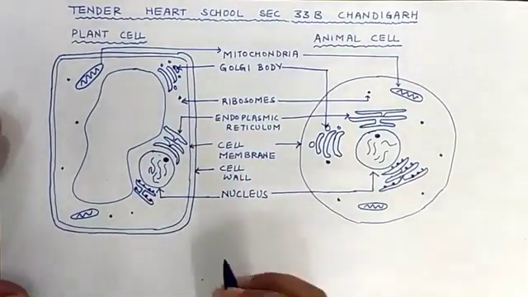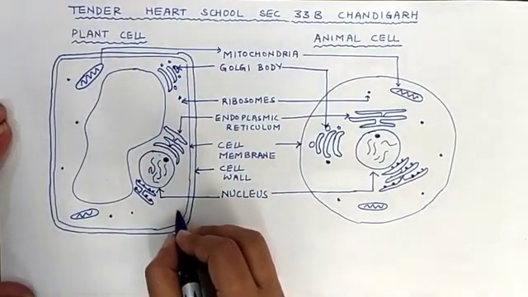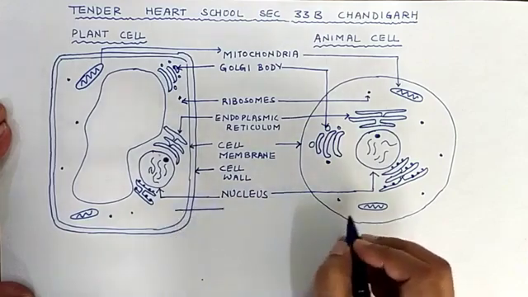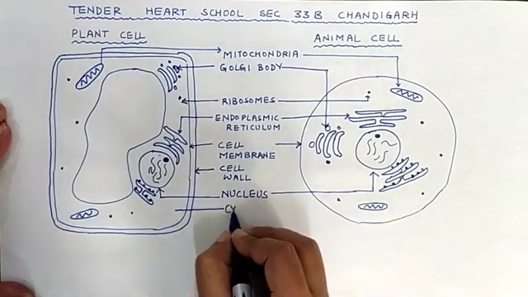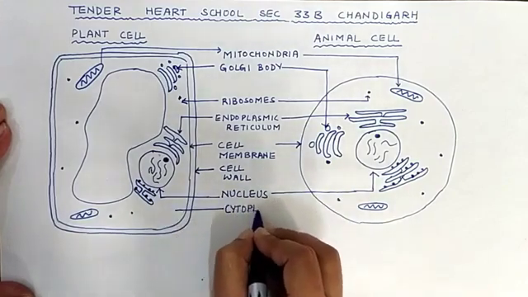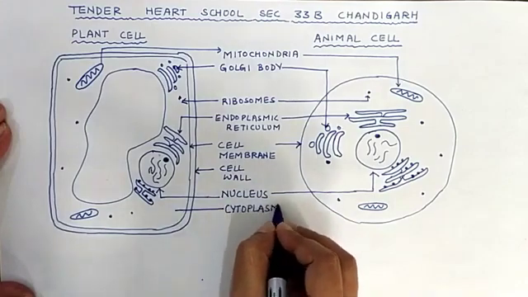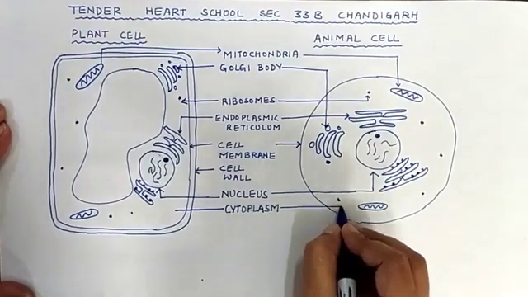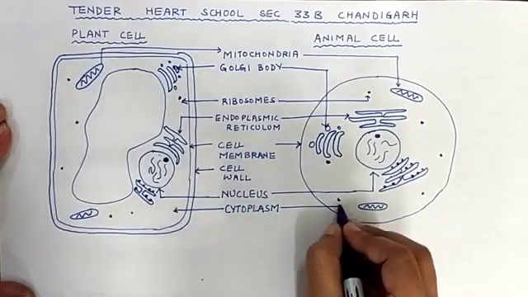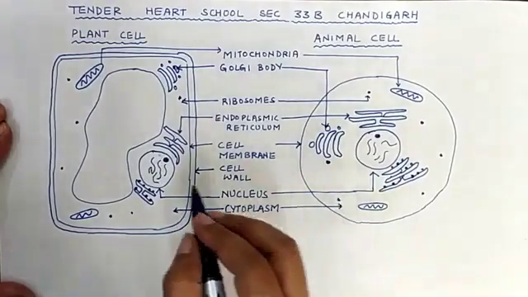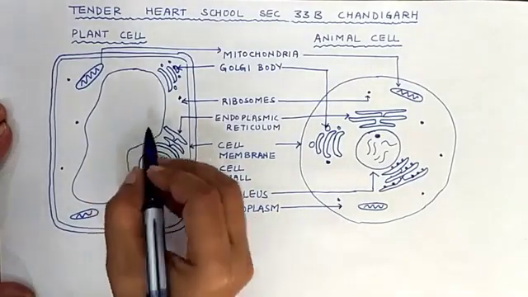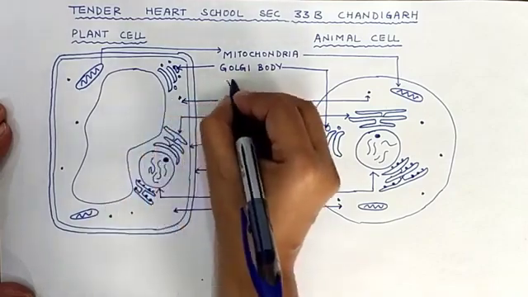Okay, we have not labeled the cytoplasm as yet. So just label the cytoplasm. Cytoplasm is the fluid in the cell. So this is cytoplasm, right? Cytoplasm, the liquid, the fluid present in the cell. Fine. And this one is a vacuole. The big vacuole is shown in the plant cell.